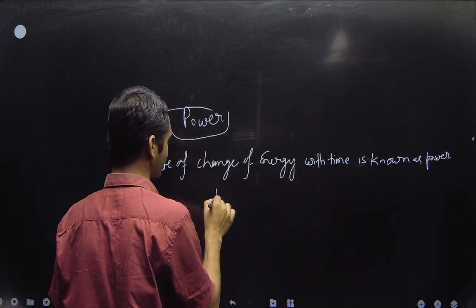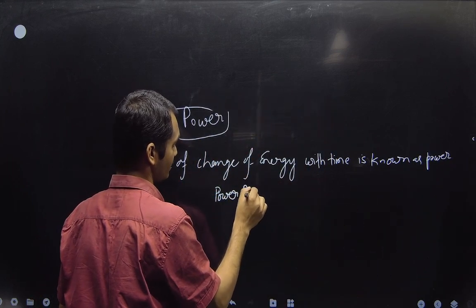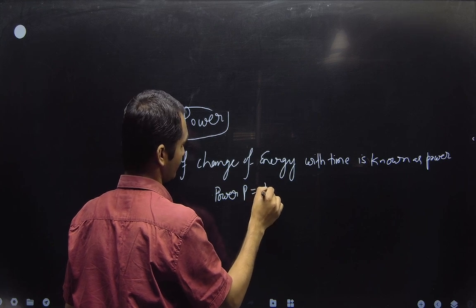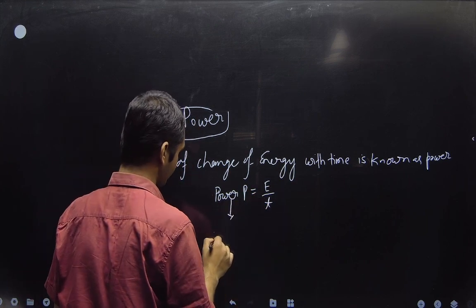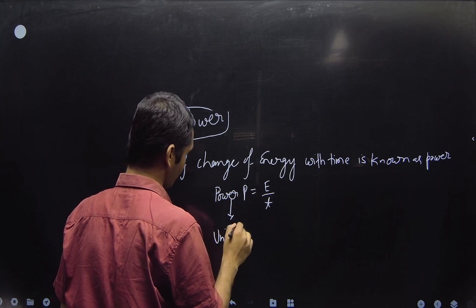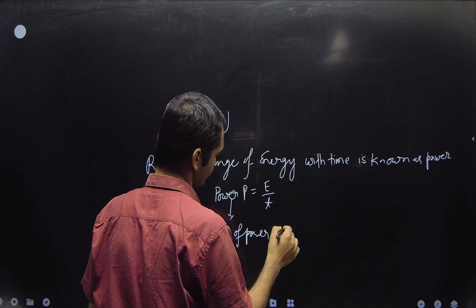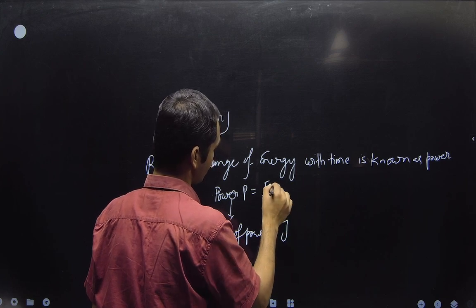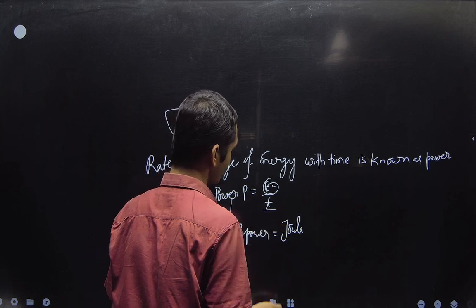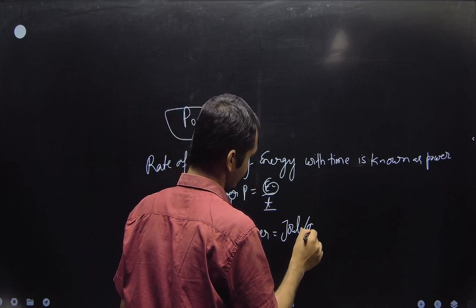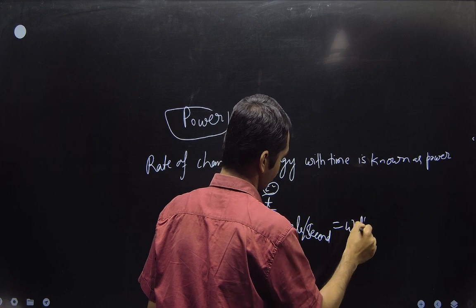Mathematically it is defined as P is equal to E over time. What will be the unit of power? The unit of energy is joule, the unit of time is second, so joule per second. We write it as watt.